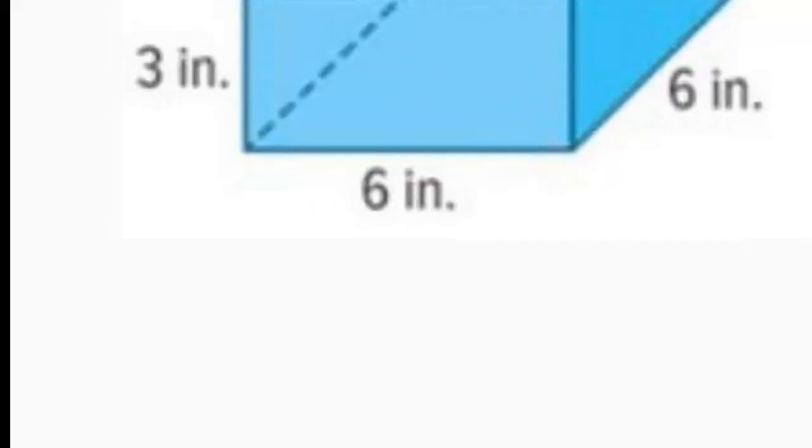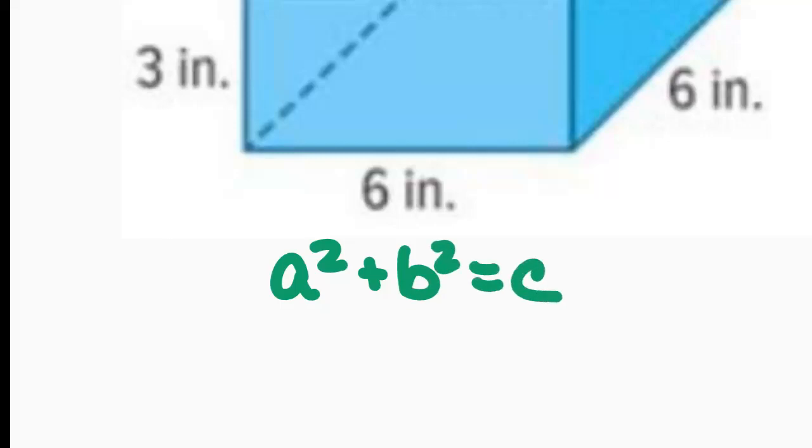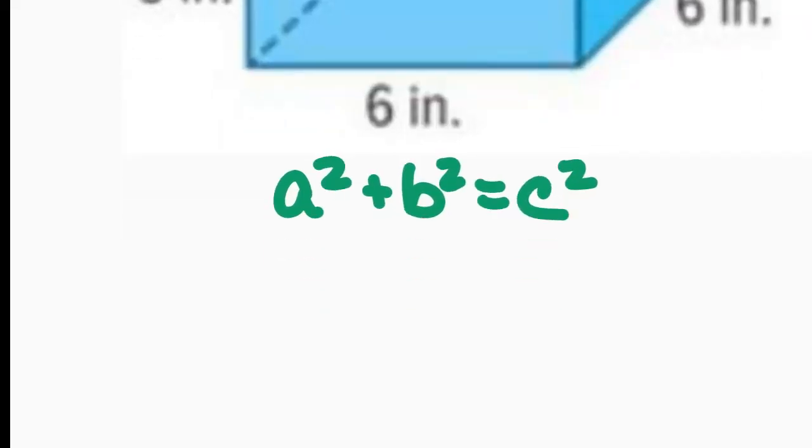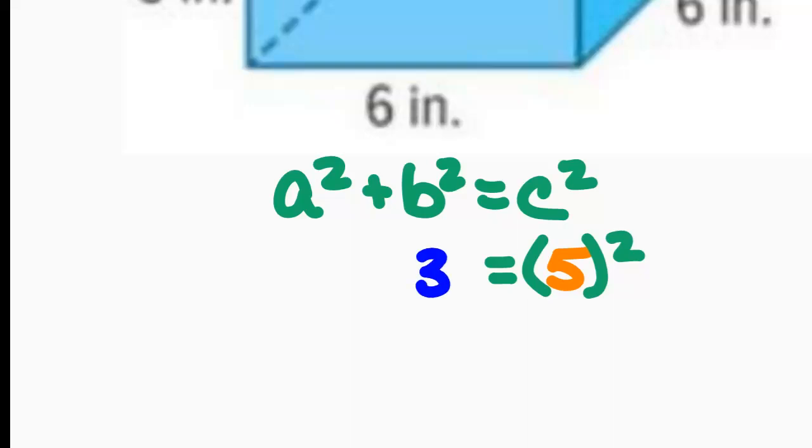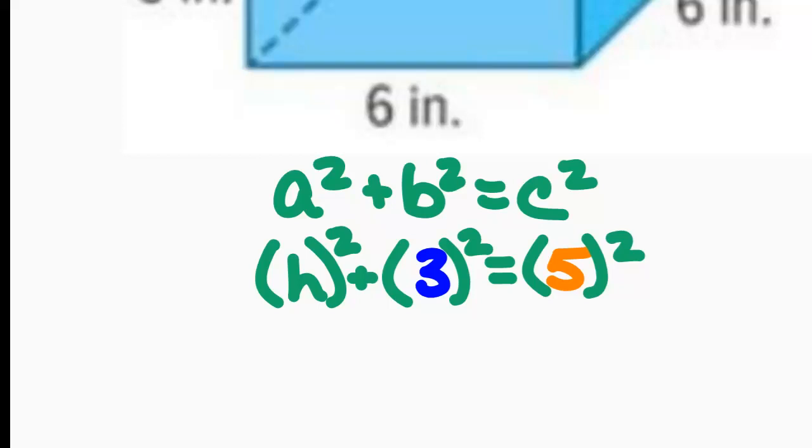So now we'll do the Pythagorean theorem to find our height. A squared plus b squared equals c squared. What should go in for c? 5. My slant height is my hypotenuse. Okay, so what do I put in for a and for b? 3 and h. This is my height. We just need a variable in the place of either a or b.